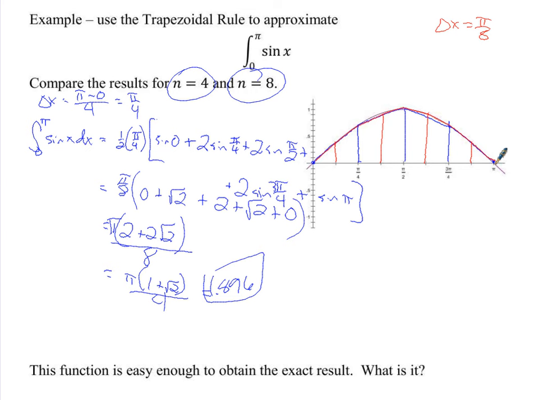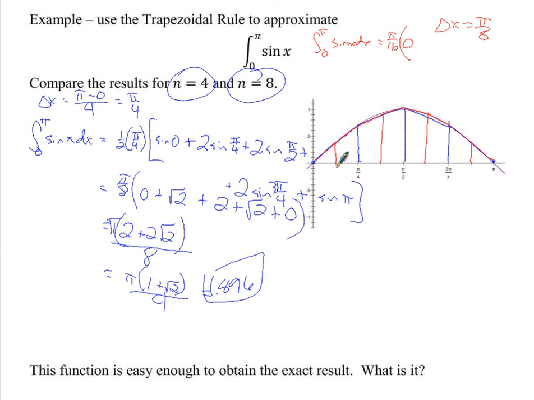Was the other one an underestimate? Yeah, okay. So, let's come up with our equation now. The integral from 0 to pi of sine x dx equals 1/2 times delta x, so pi over 16 times sine 0, which is still 0, plus 2 sine pi over 8.